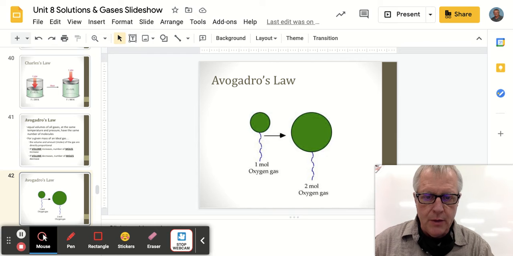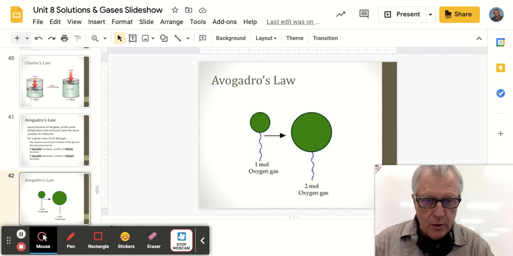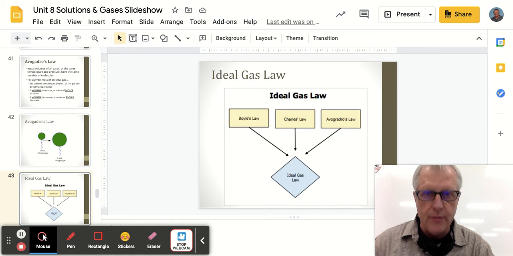You can think of a balloon. If you had 1 mole of oxygen gas, you would expect the volume to be a certain size. If the volume did increase at that particular temperature, you would have a larger space, and the number of moles would have to be related to that.